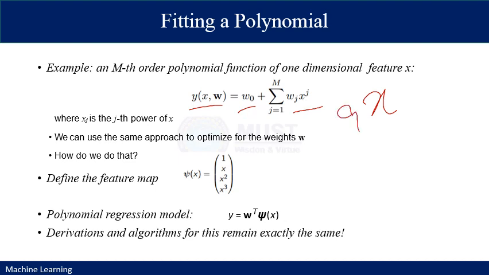For example, we can have 9x plus 6x squared as a polynomial model. So we can use the same approach to optimize the weights. Just like the previous approaches, we can employ a direct method or gradient descent.